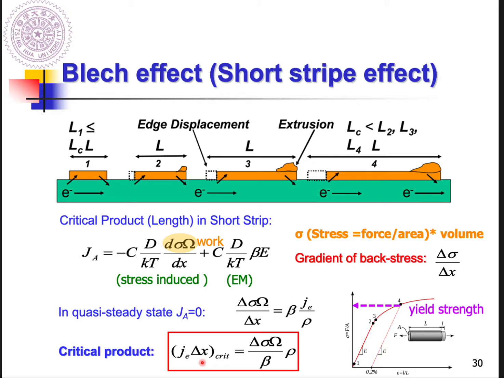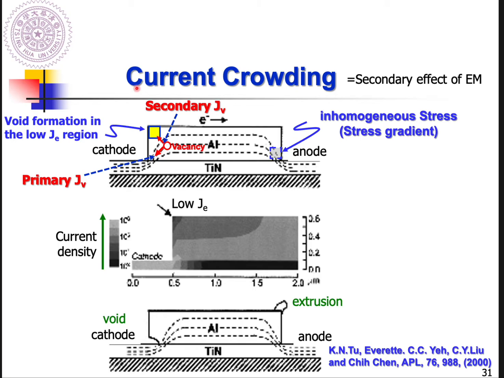But there's also a secondary effect we call the current crowding effect, which happens when you apply an electrical field on these metals. So let's take a look at the figure we put here. Now we have a titanium nitride, and on top of the titanium nitride there's an aluminum connecting line. As we mentioned before, we apply an electrical field.